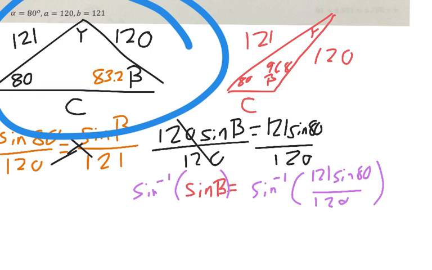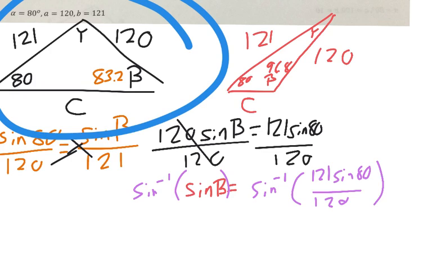Do I have a second? Somebody else agree with that? Here we go. So in triangle 1, these would be my answers. Beta 83.2, gamma 16.8, side C 35.219. That's a solution set.